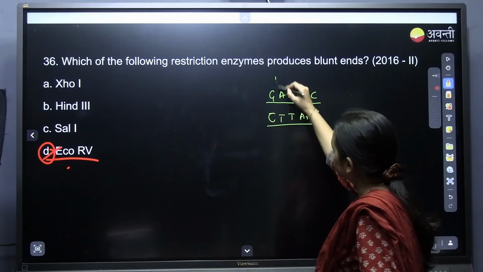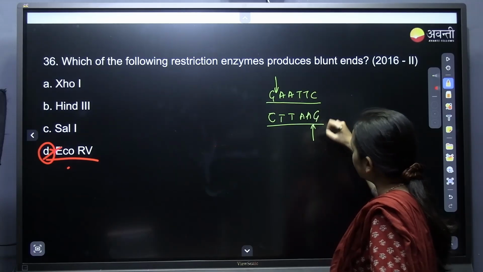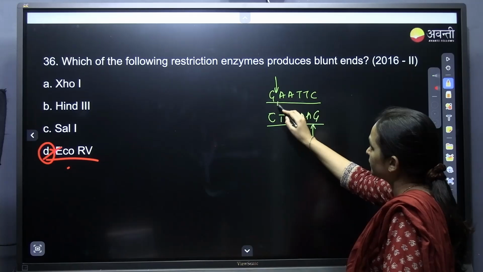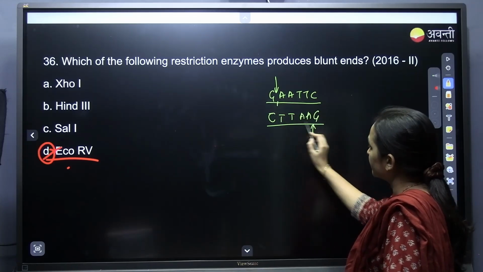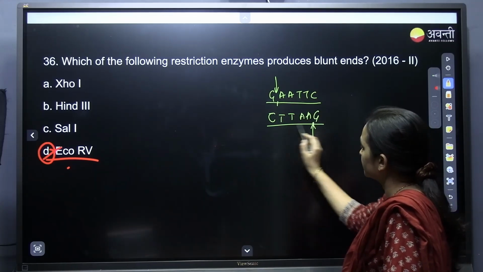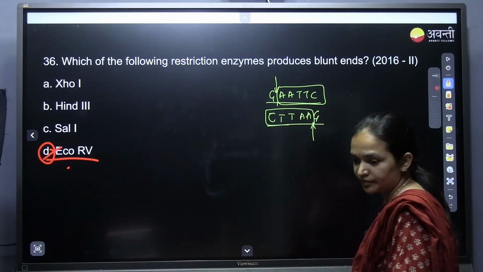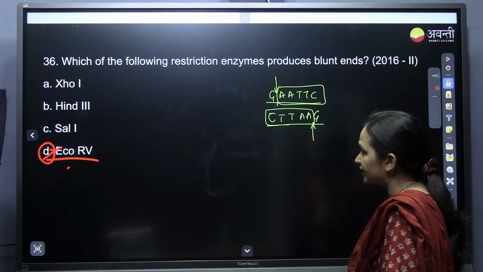Here the restriction enzyme cuts the DNA, which means these are the overhanging parts. This is called sticky ends or staggered ends.